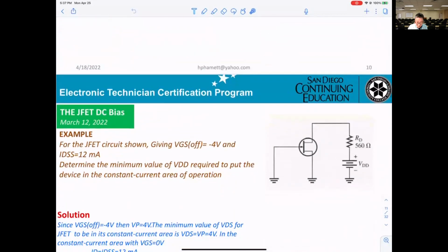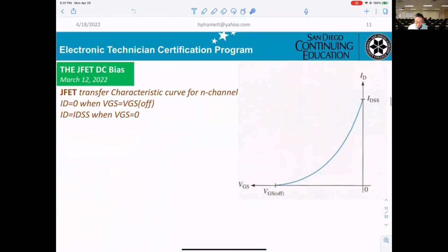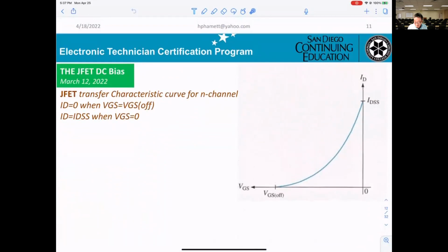That one we already done. And that is the curve for ID. At this point here, VGS equals 0, ID equals IDSS. At this point here, VGS equals VGS off, but ID equals 0.